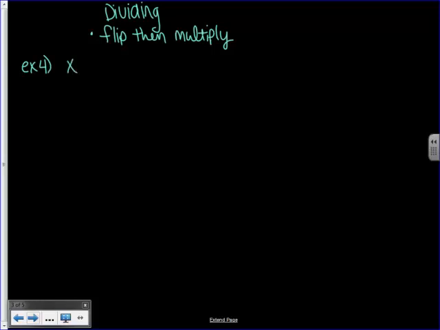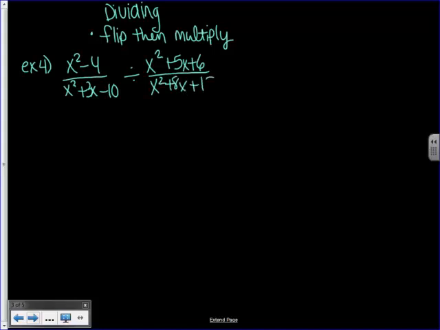All right, we're going to do x squared minus 4 over x squared plus 3x minus 10. We're going to divide it by x squared plus 5x plus 6 over x squared plus 8x plus 15. First thing I said, you flip then multiply.